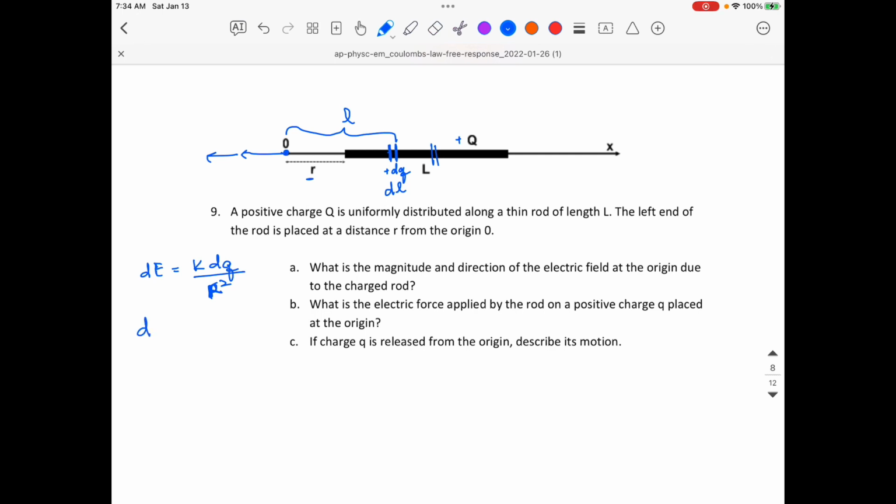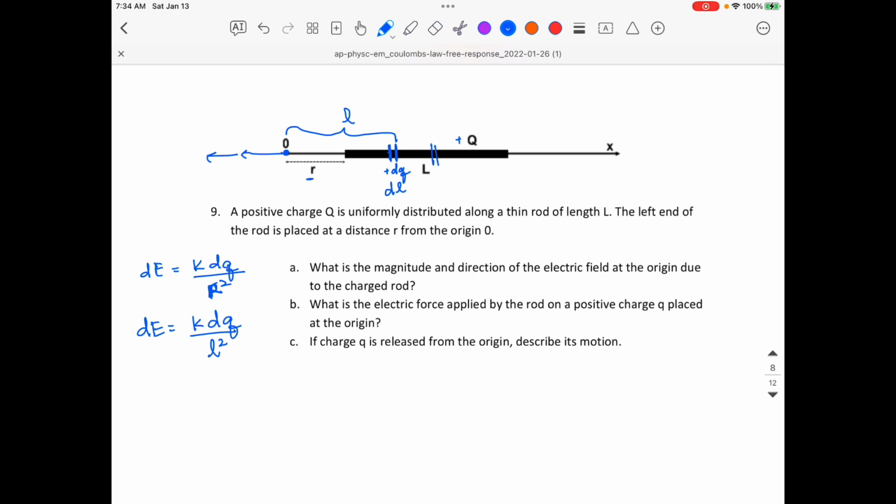So substituting in the appropriate variables, K dQ over L squared, which is the distance from the charged piece all the way to the zero position.